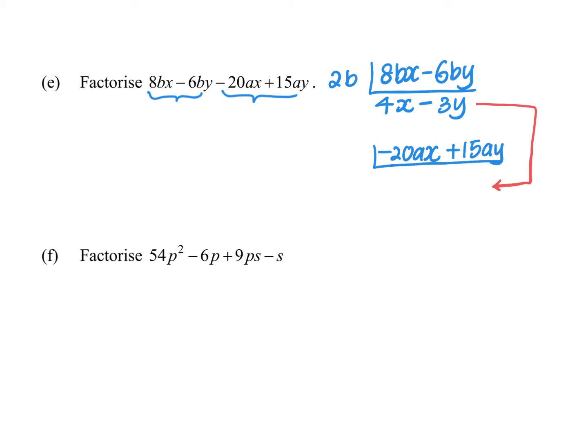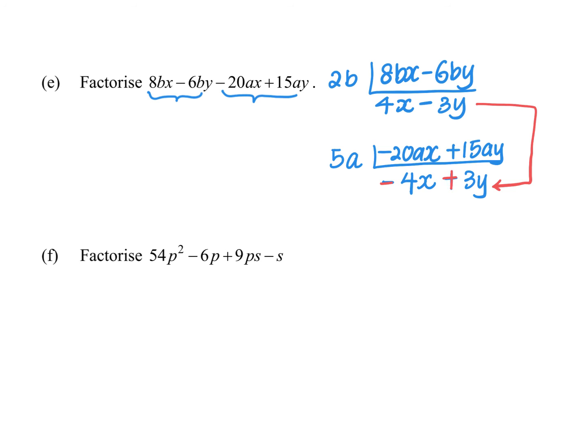Now negative 20ax plus 15ay, the common factor is the number 5, and for ax and ay, the letter a. If I factorize this out, negative 20 divided by 5 is negative 4x, and this will be plus 15 divided by 5, 3y. You notice that the signs here are different.